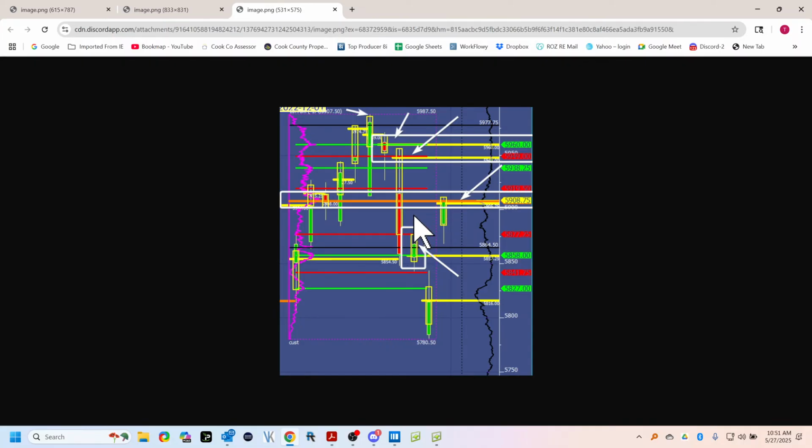This box on this day is called the value area. This is where 70% of the volume took place on this day. So this was too high. You see the extreme. And then the market spent most of its time here. The yellow line was the fair price, where most of the volume took place for the day.